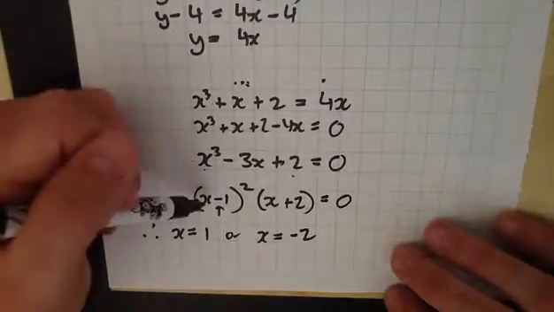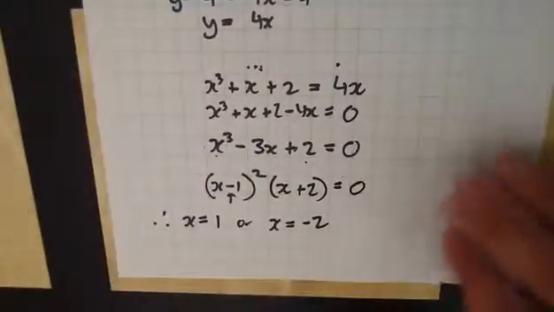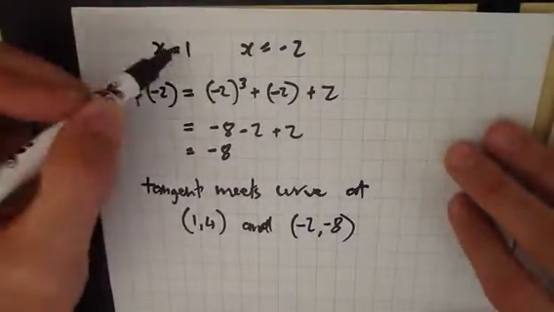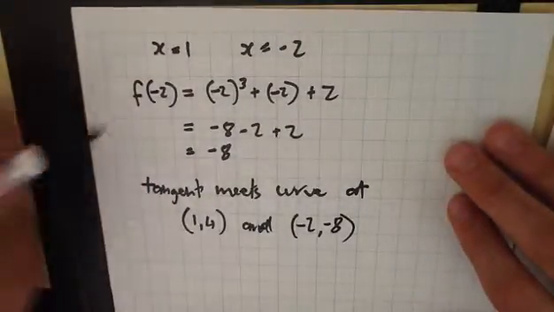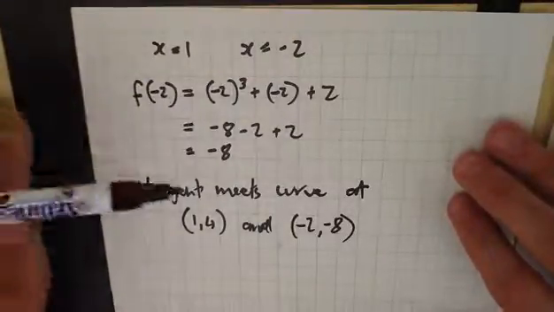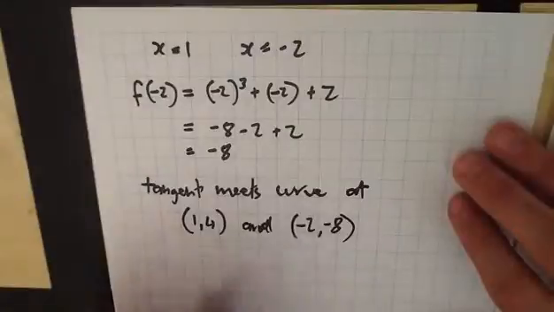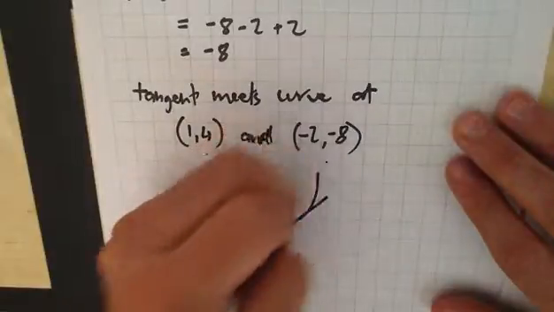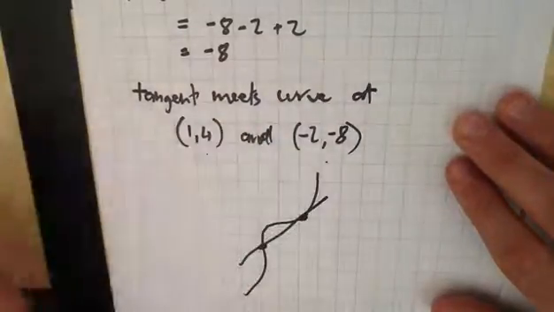Okay, so find the roots of the cubic, which were 1 and negative 2. Then, I already know 1 and 4 is a point at which it meets, and I've subbed negative 2 into the original function to get negative 8 to get the other point. So the tangent meets the curve here and here. So it'd be something like that. Okay, those 2 points.